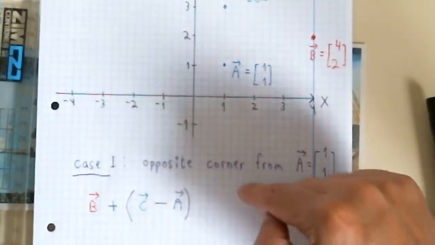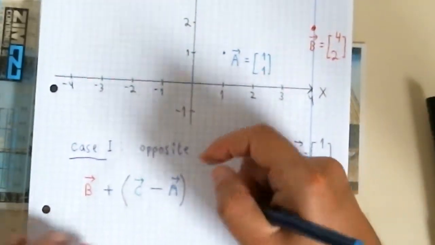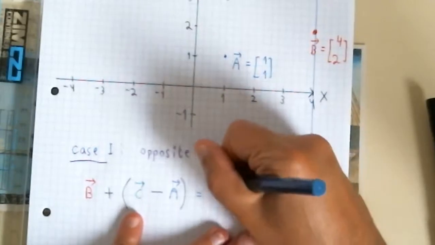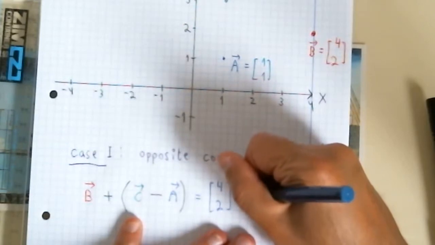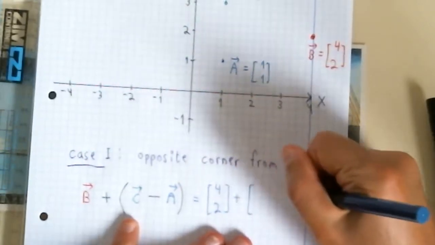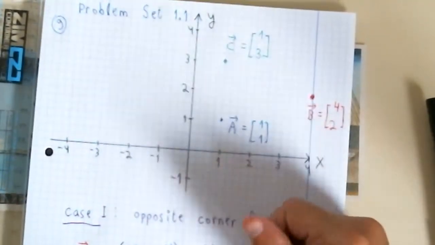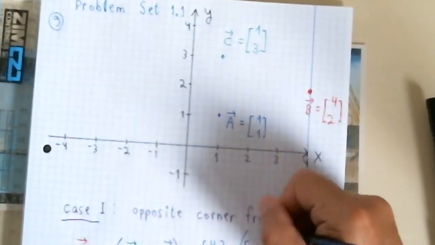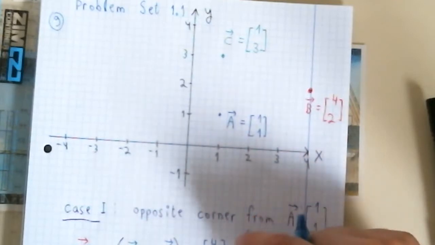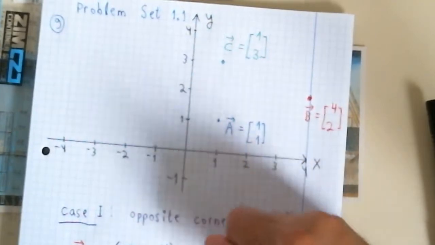So in this case, it is B, which is 4, 2 plus C minus A. Let's make it in 2 stages. Let's make it in the same colors and take another page for it.